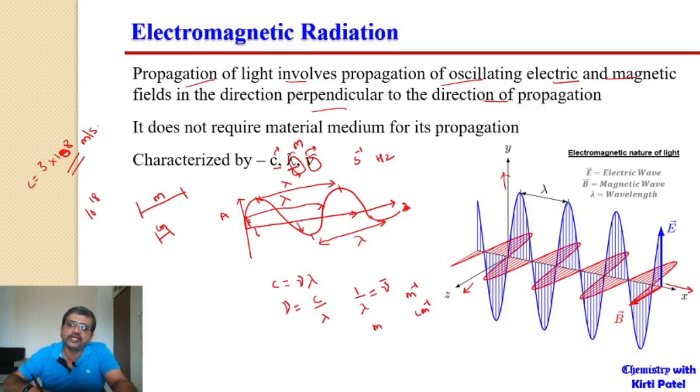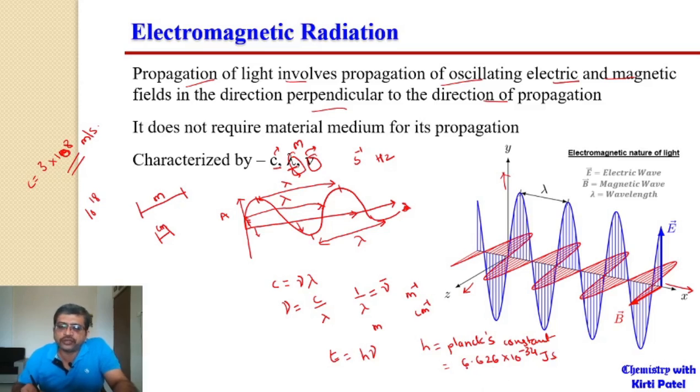The unit of wavelength is meters, the unit of frequency is per second or hertz, while the unit of velocity is meters per second. These are interrelated to each other. Similarly, the energy associated with this electromagnetic radiation, through Planck's constant, is E is equal to h nu, where h is Planck's constant and has a value of 6.626 into 10 to the power of minus 34 joule second.